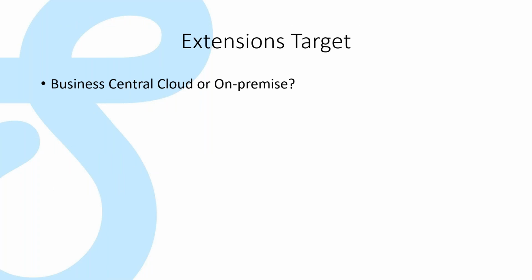So let's talk about the target. With the release of Business Central, there was a huge leap in technology for Dynamics NAV because it was moved to the cloud. However, this doesn't mean that we will have to work only on the cloud for Business Central. We can still continue to work with C/AL if we want.